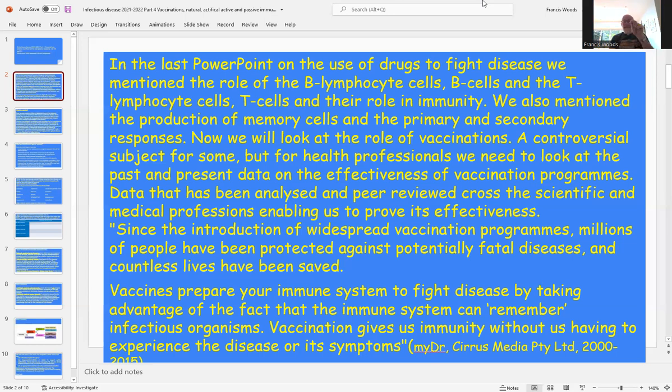The important thing is it's exposing you to the antigen, and therefore the vaccination gives you immunity without having to experience the disease or its major symptoms. And there's a reference there at the bottom of the page to look at this.